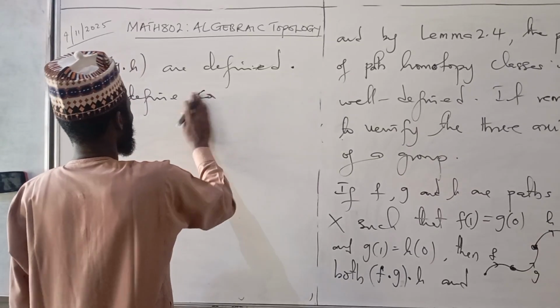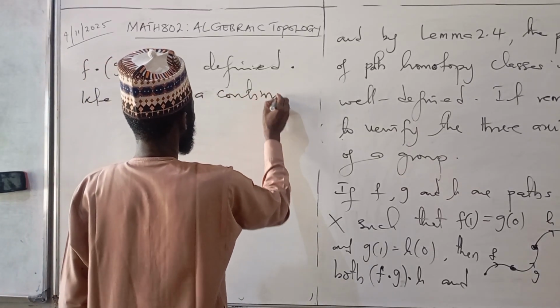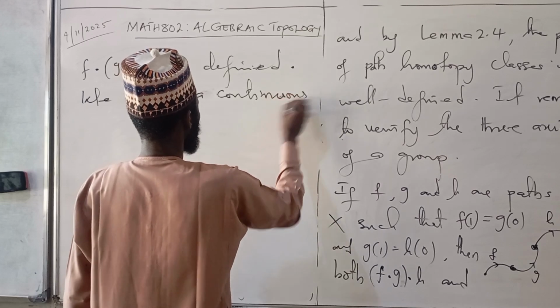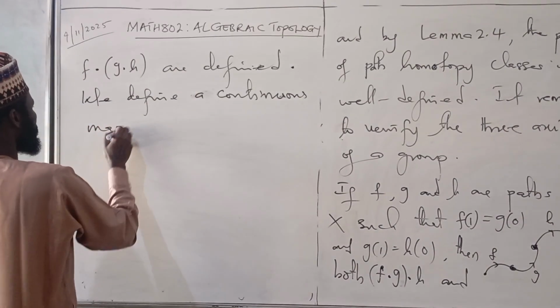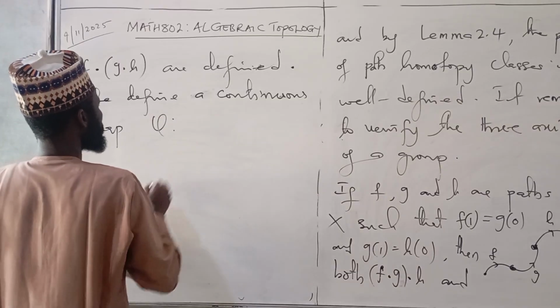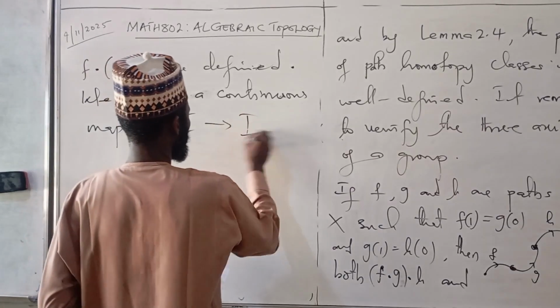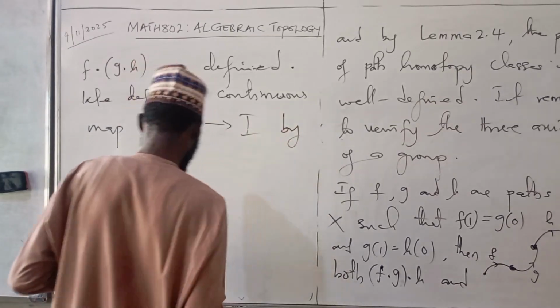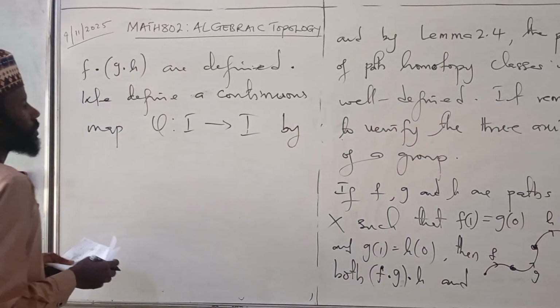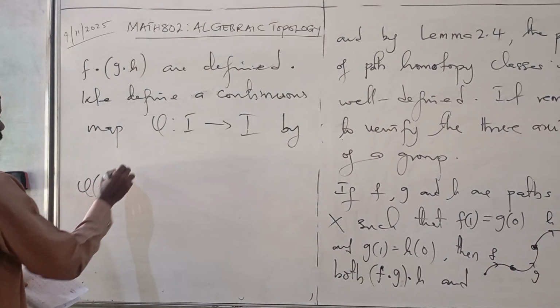But I think I need to emphasize it here, a continuous map phi from I to I, so this mapping is defined to be this.